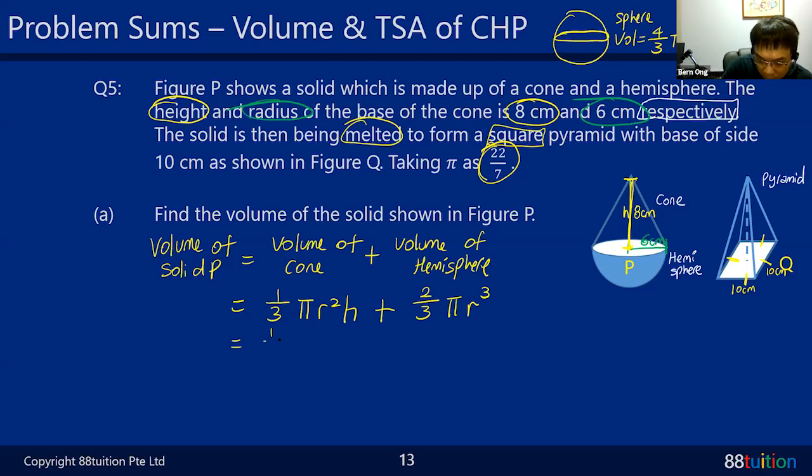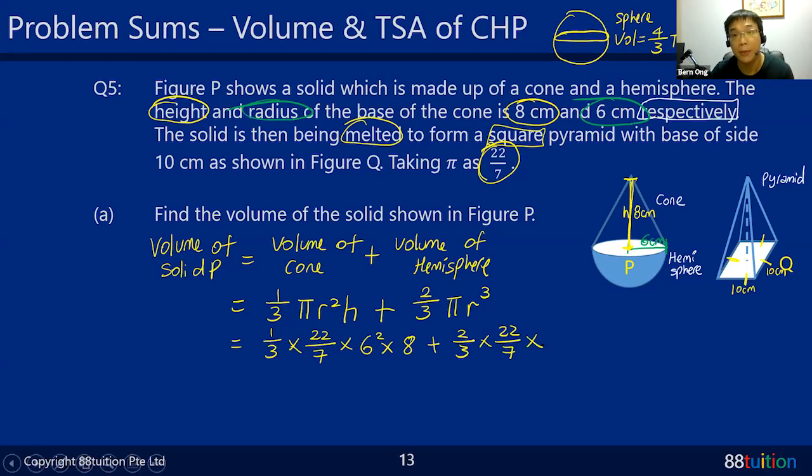So now you put in all the numbers. Pi, the question says, is 22/7. Radius of the cone is 6, squared. The height is 8. Plus 2/3, pi is 22/7. And what is the radius of the hemisphere? The radius of the hemisphere and the radius of the cone are the same, because the cone is sitting on top of the hemisphere.